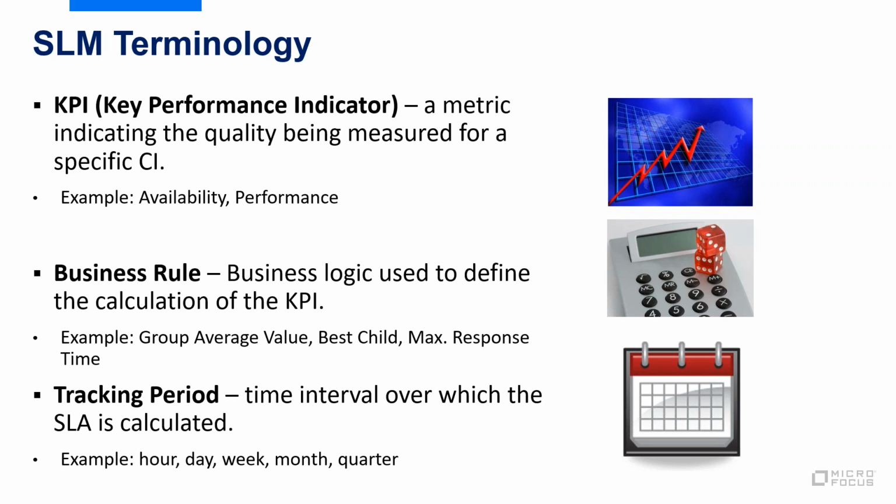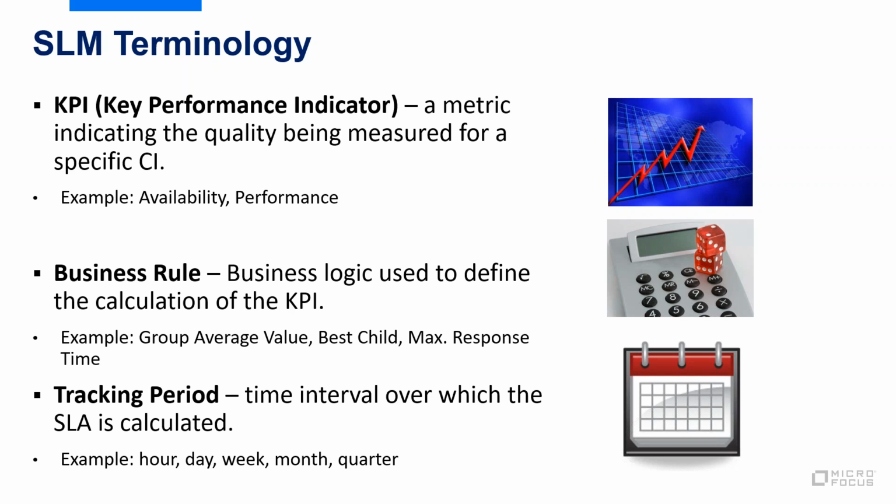There we will have the worst child rule, the best child rule, the group average rule, something like this. There are multiple rules available, and we can attach these rules to the indicators like KPIs and HIs. We can also create our own KPIs and HIs, and we can also create our own rules. There are no restrictions, but we'll have our own APM default rules as well.